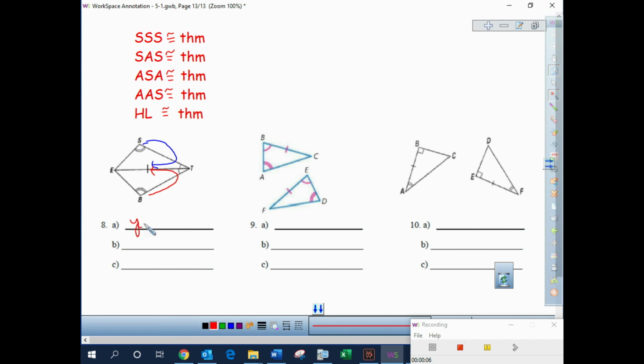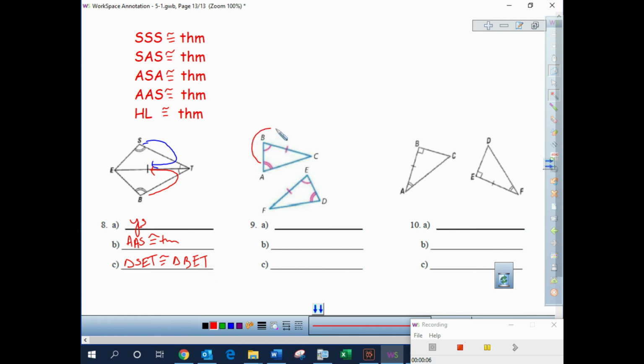So that's a yes. By angle, angle, side congruence theorem. And we name it triangle SET, whatever you want to call it, since it didn't use A, B, and C. Is congruent to triangle. S goes with B, E goes with E again, and T goes with T.